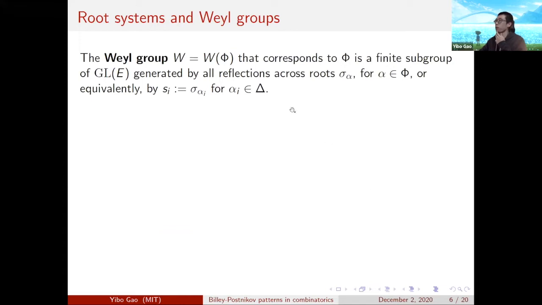The Weyl group is a finite subgroup of GL(E) generated by all the reflections across the roots. So those sigma alphas that were defined earlier. Or equivalently, it's generated by the reflections across the simple roots.